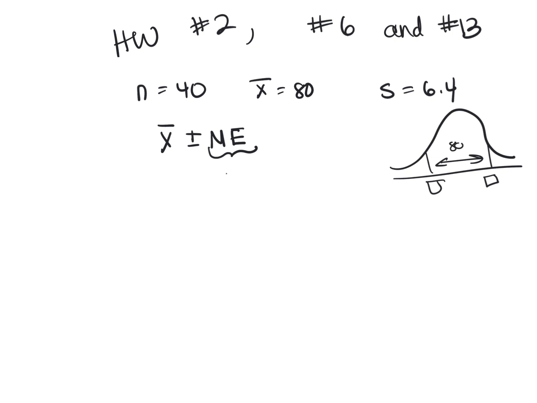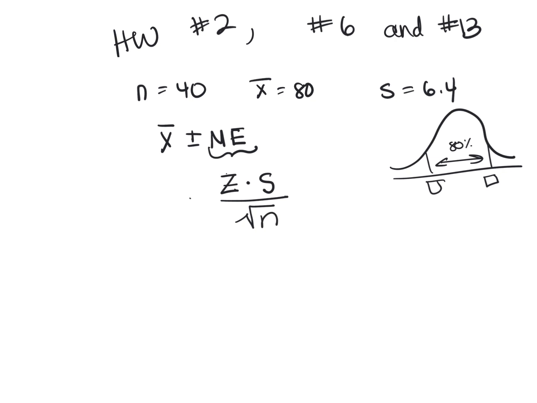If we want to be 80% confident, we have 80% of the data in the middle. We want 90%, we'll be 90% in the middle, and so on. So it's going to be a critical value times the standard deviation divided by the square root of the sample size. That's how this is made.